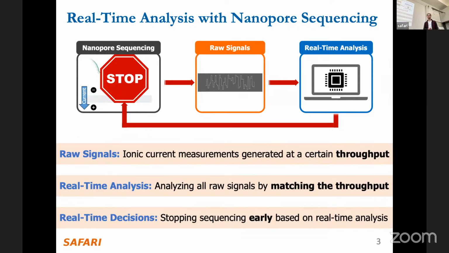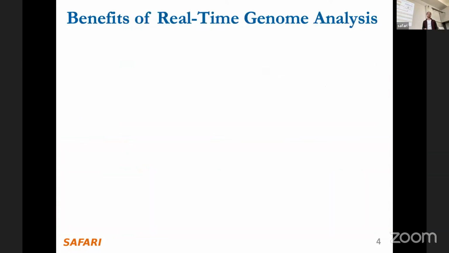So our decisions should be accurate. This feedback loop makes essentially accurate decisions, so you don't discard useful information and you don't keep useless information. And it should be high throughput because you want to sequence many pores. It should be low latency and so on.